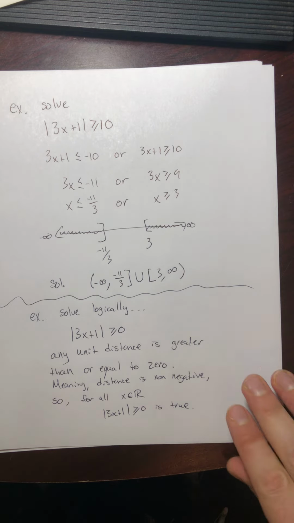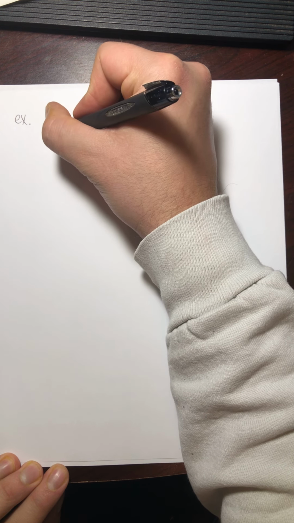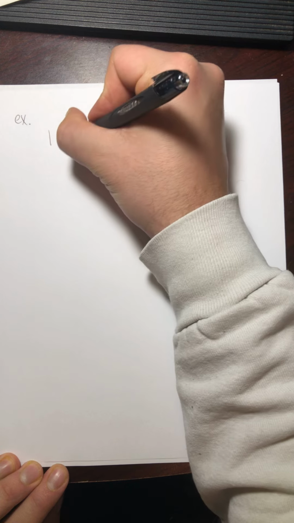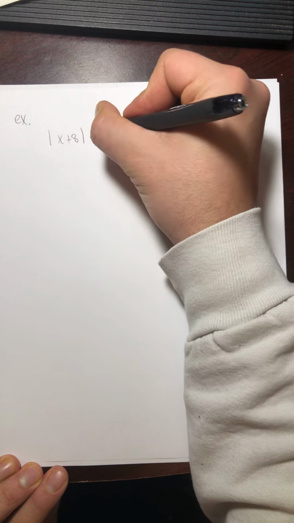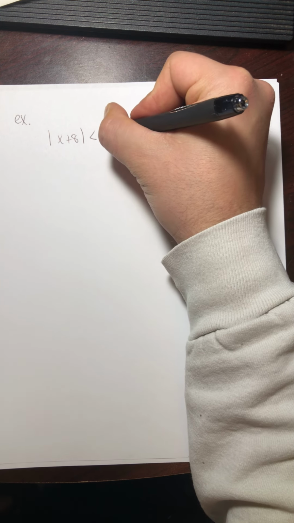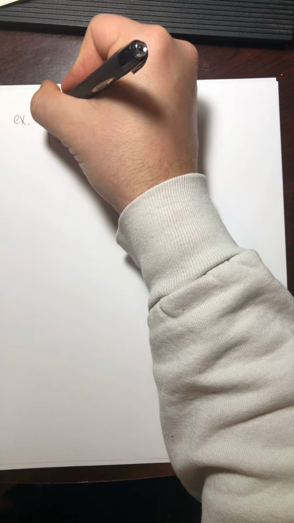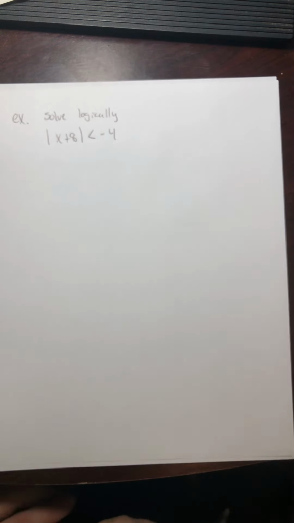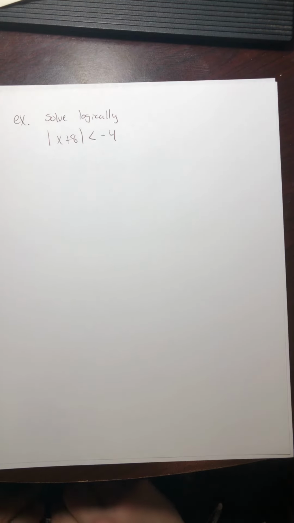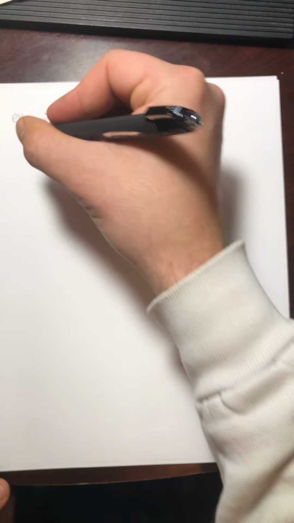So let's take a look at another one that's kind of fun. So let's do the absolute value of x plus 8 less than negative 4. Okay, so we want an x value plus 8, run that through absolute value, we want that to be less than negative 4.